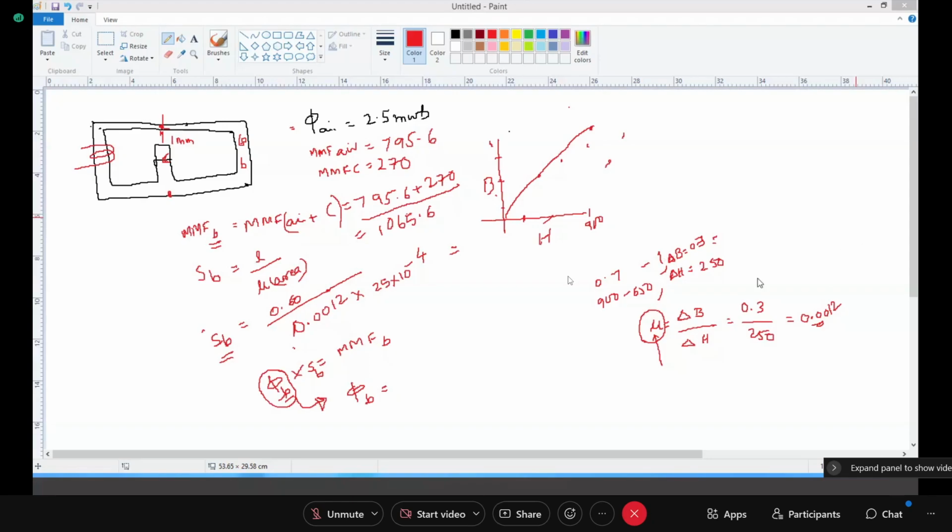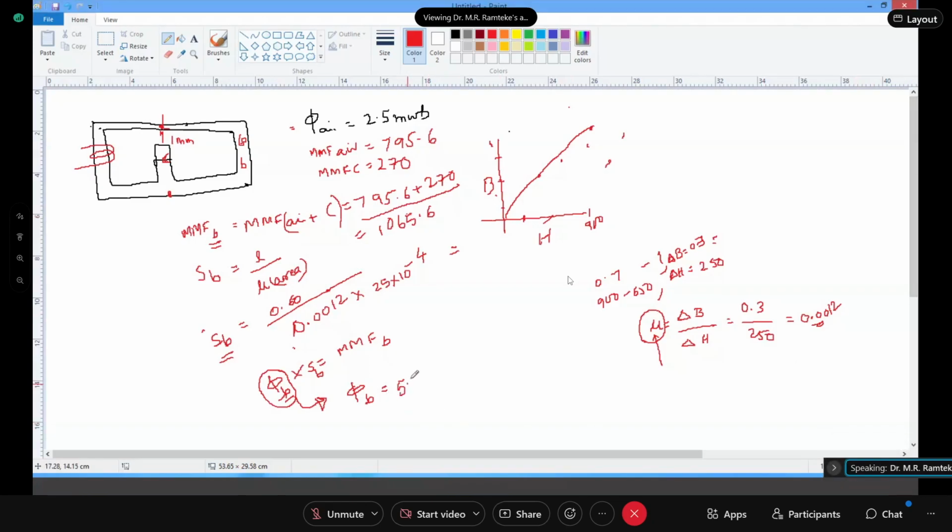Any more? I'll make it 5.328 into 10 raised to minus 3.